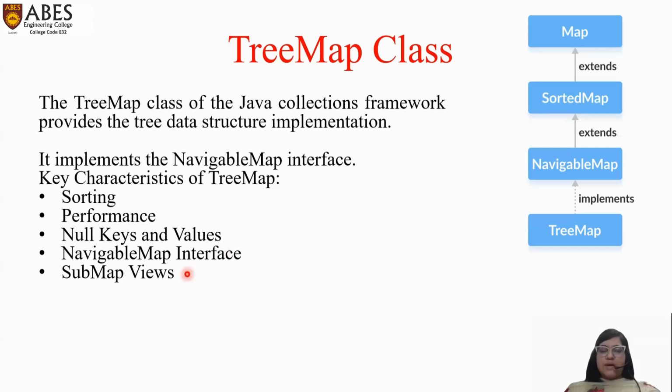Next, we have map views. TreeMap allows you to create submaps, which are views of a portion of the map. And these views reflect changes made to the original map and vice versa. Let's move forward.